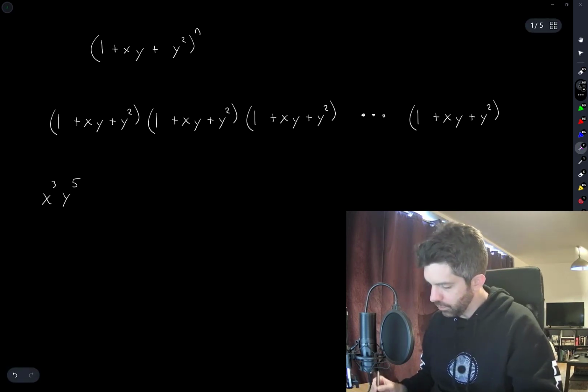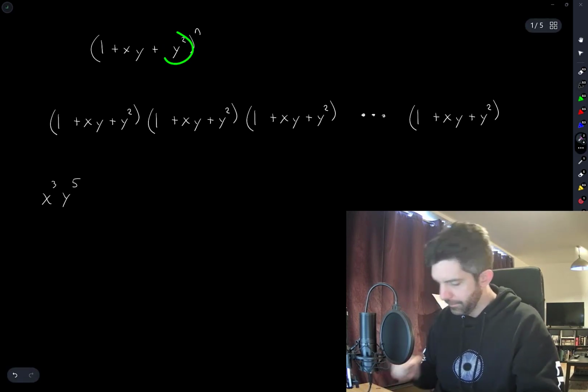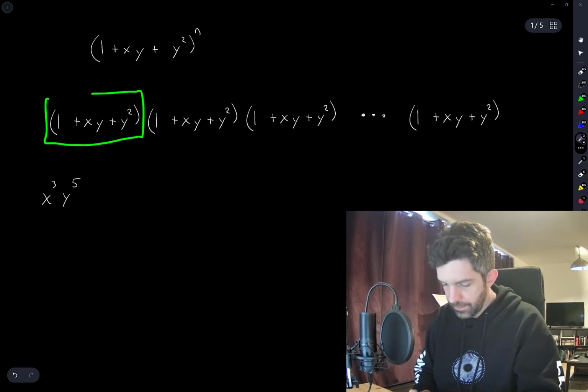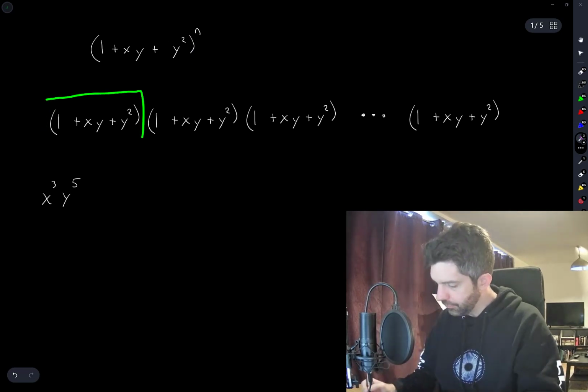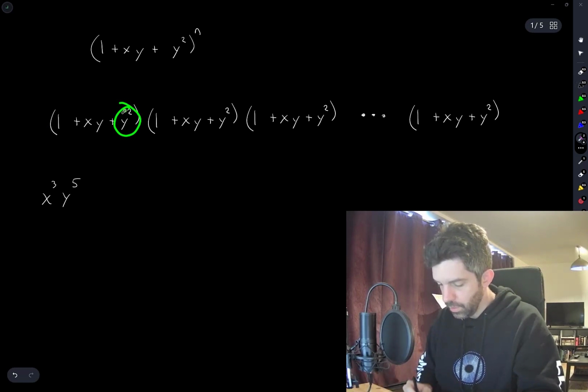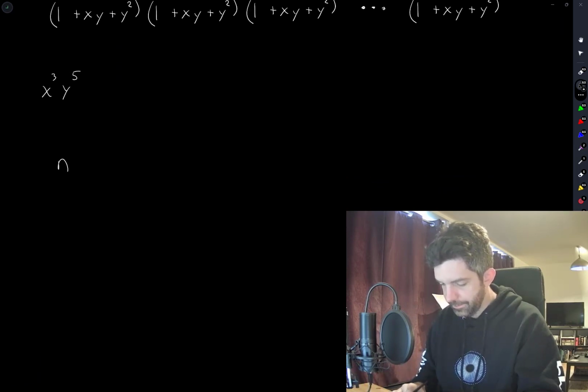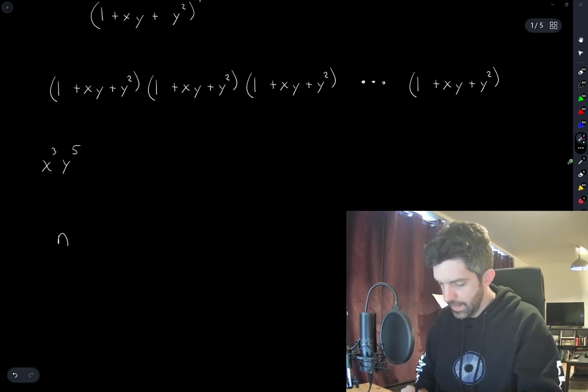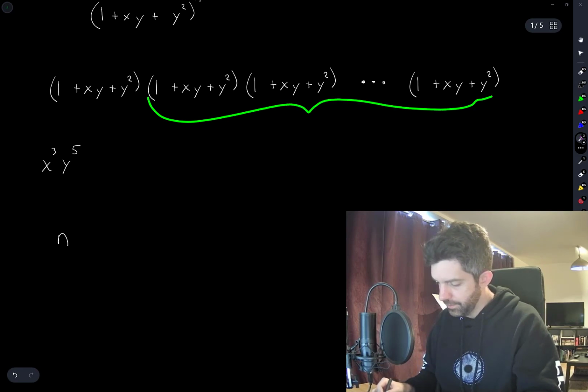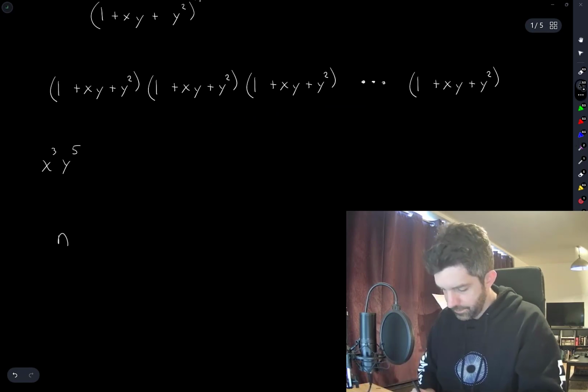Because we're only looking for one of these, let's take one factor and set it aside and say that's the one corresponding to y squared. There are n ways of doing that. And then we're left with n minus 1 buckets, and we need to choose 3 of them.